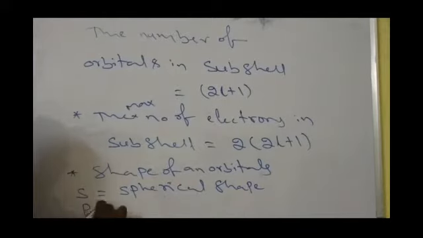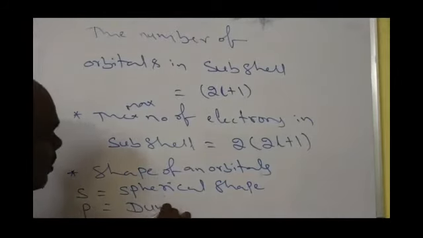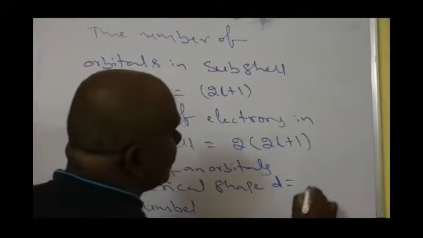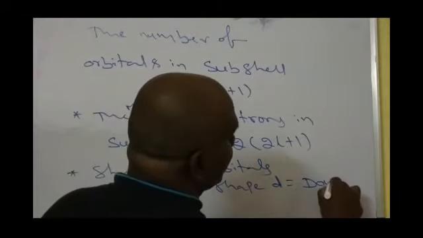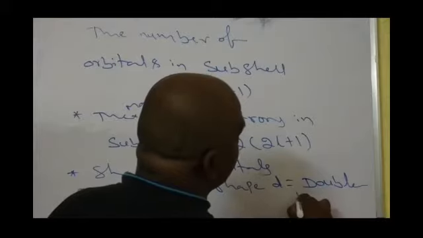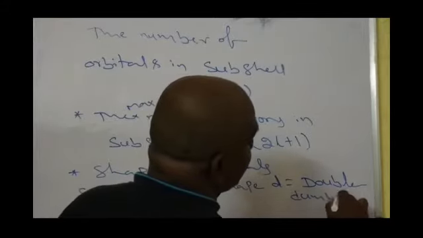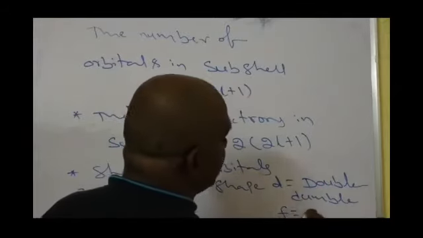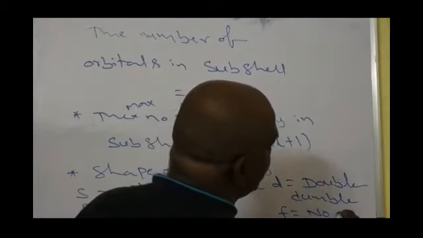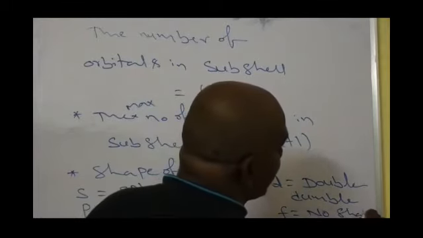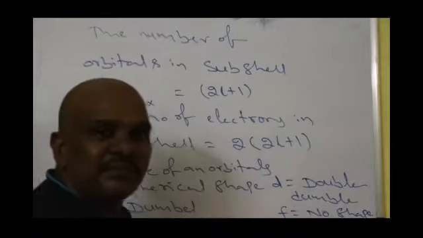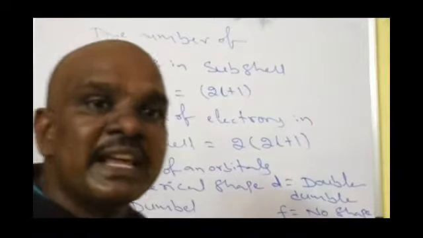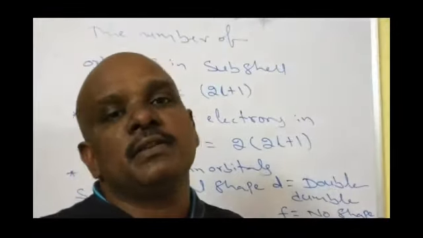The p orbital has a dumbbell shape. The d orbital has a double dumbbell shape. The f orbital has a four-fold dumbbell shape or no definite shape. This is used to explain the shapes of orbitals.